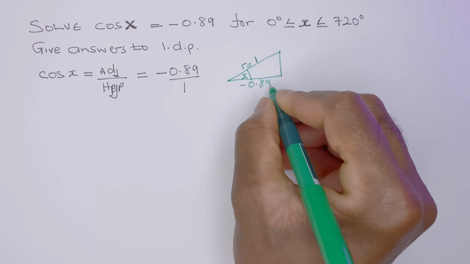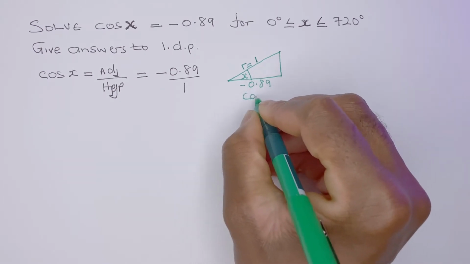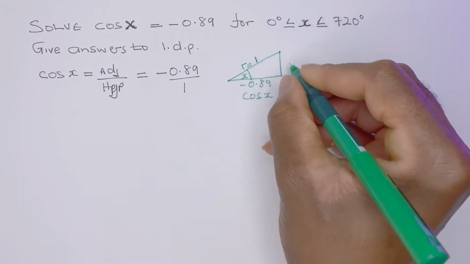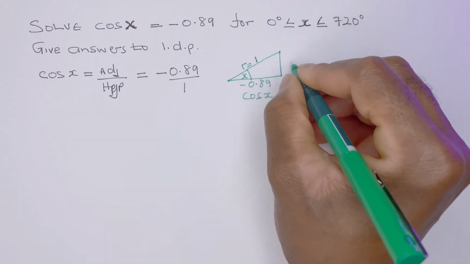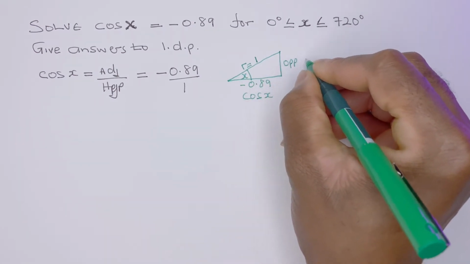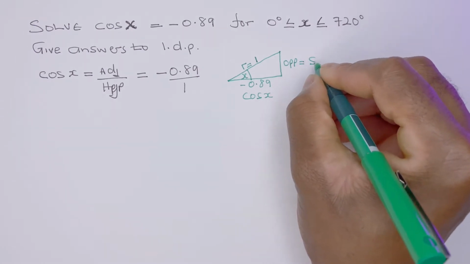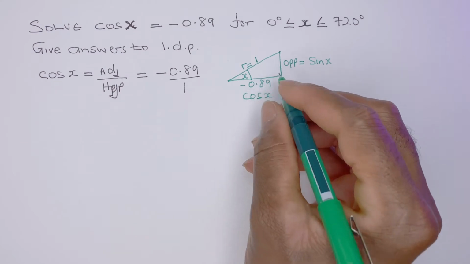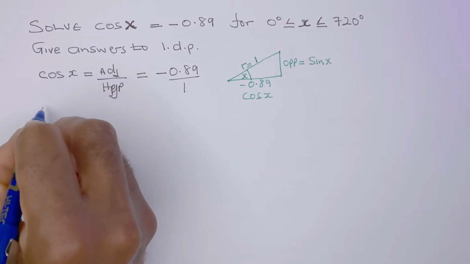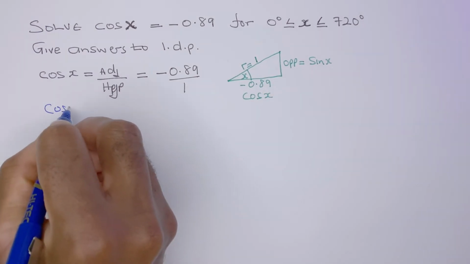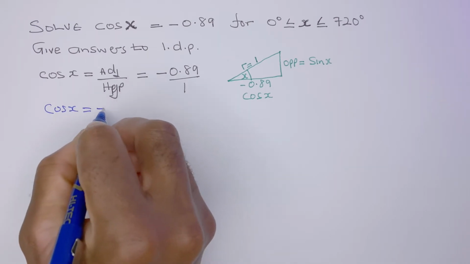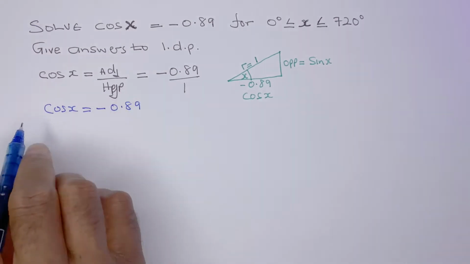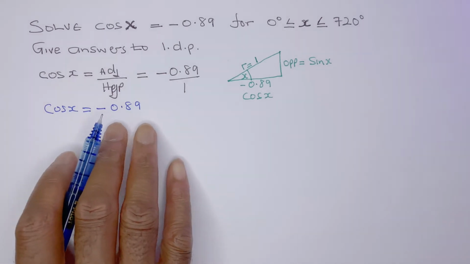And this one here is called cos of x if it's a unit circle, and the opposite here is called sine of x. But we're interested in cos of x being negative. So what we've got is cos of x equals minus 0.89, and I'm going to divide both sides by cos.